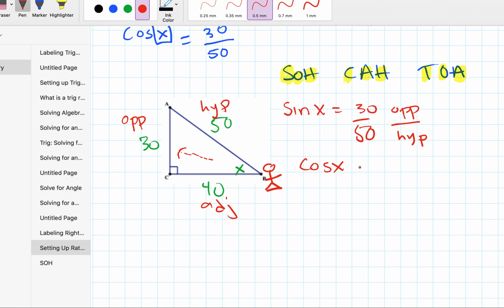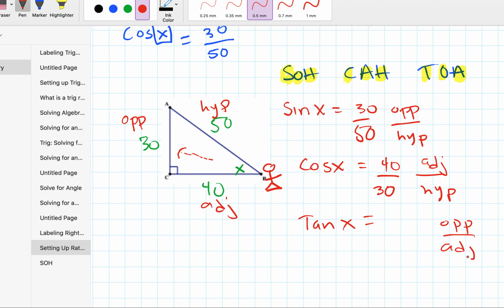Cosine of x is our adjacent over our hypotenuse, a over h. So that would be 40 over 50. And tangent would be our opposite over our adjacent. So our opposite would be 30, and our adjacent would be 40.